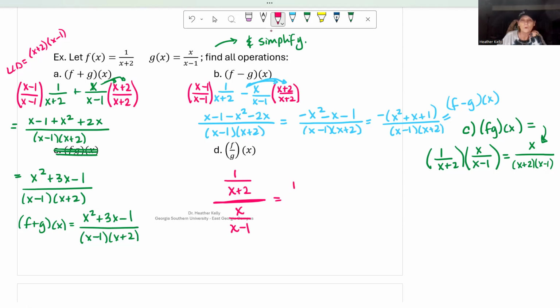Keep the first one the same. Change division to multiplication and flip this guy over. So as we clean that up and we multiply shirts times shirts and pants times pants, x minus 1 over x times x plus 2.